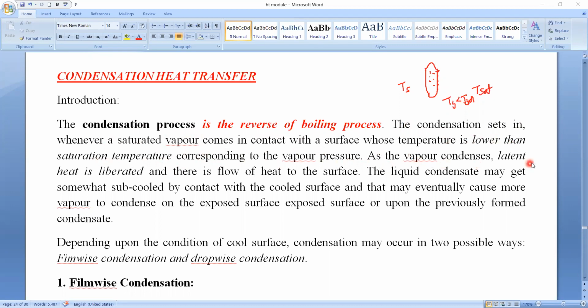As vapor condenses, the latent heat is liberated and there is a flow of heat to the surface. The liquid condensate may get somewhat subcooled by contact with the cooled surface, and that may eventually cause more vapor to condense on the exposed surface or upon the previously formed condensate.